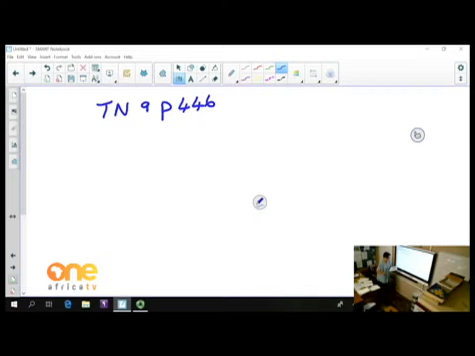figures. So the first one is sine 24 is equal to, and I got the value of 0.4067. Just press your calculator. This is easy. The next one, number B, cosine 57 is equal to, I got 0.5446.